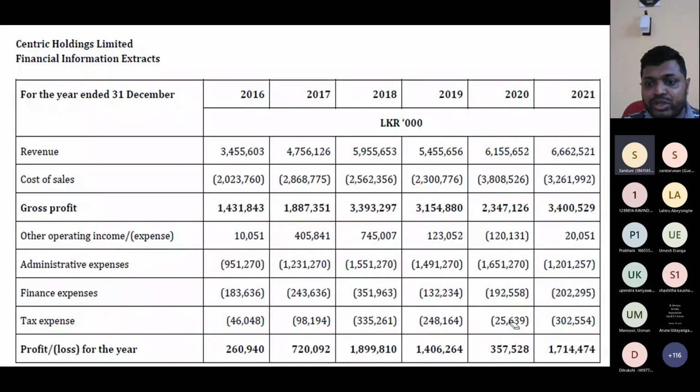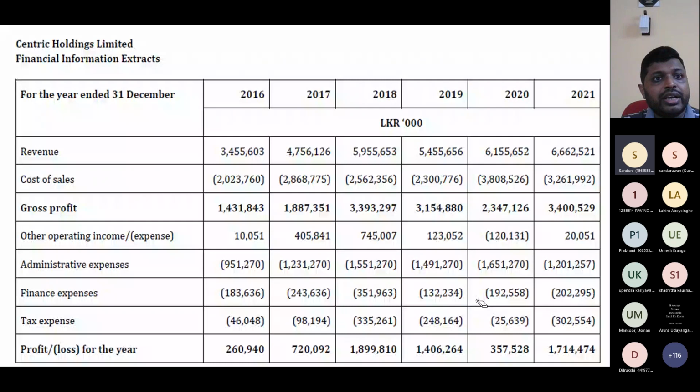This one is very much lower, but this one is very much higher, right? Therefore, you have to consider the significant variation in taxation, because here you can see taxation is 248. Another thing, the applicable tax rate for renewable energy is 14%.